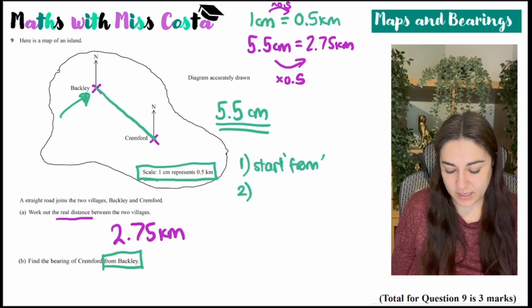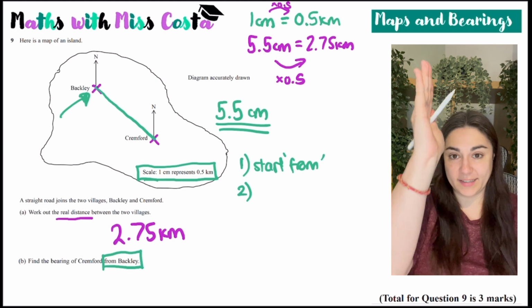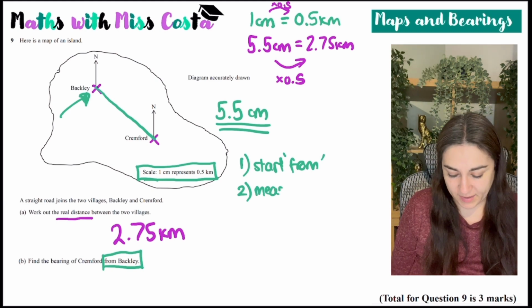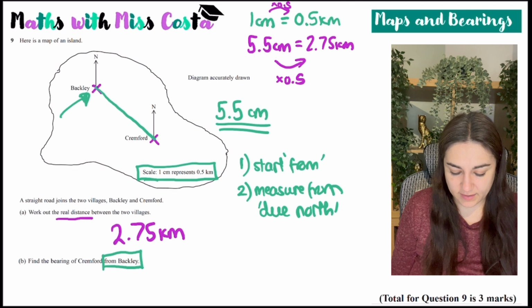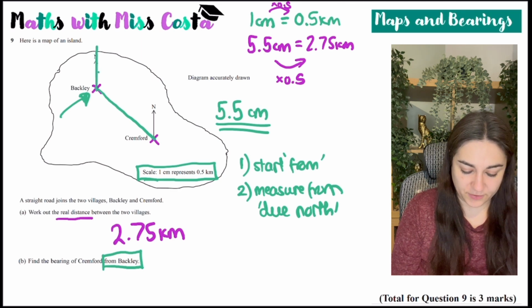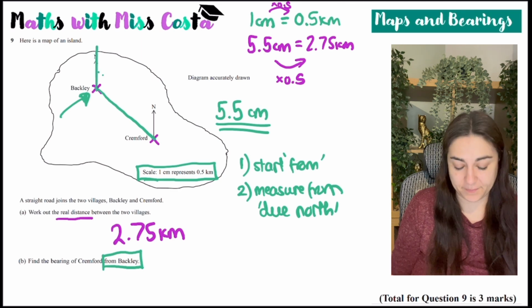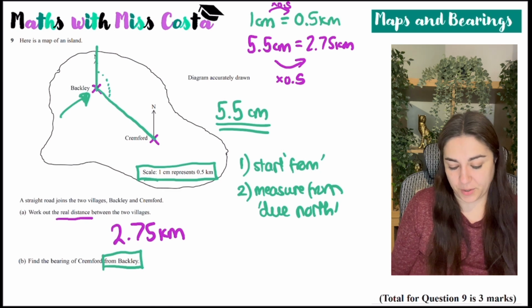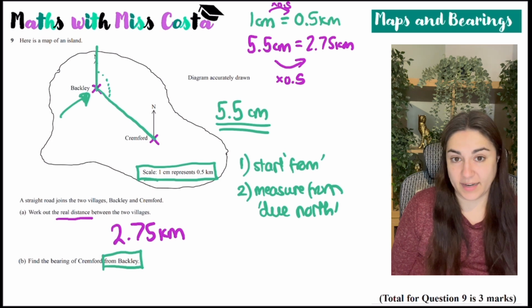And whenever you measure your bearings, you always put a straight line up and you measure it from due north, which just basically means up. So I'm going to start measuring it from here is what it means. And you measure it until you get to the line. So Beckley to Cremford, your line is over there.